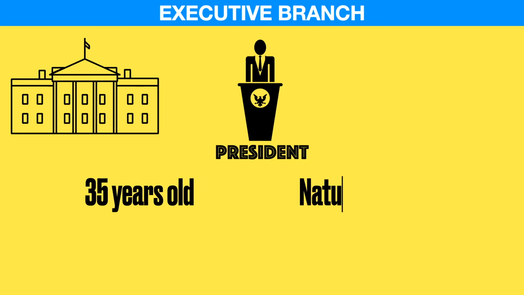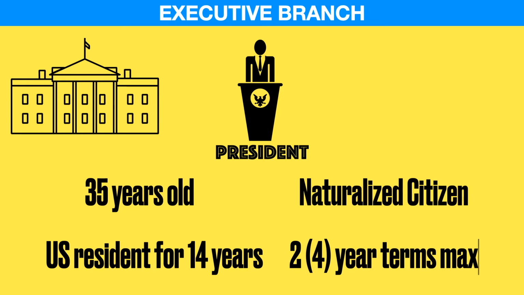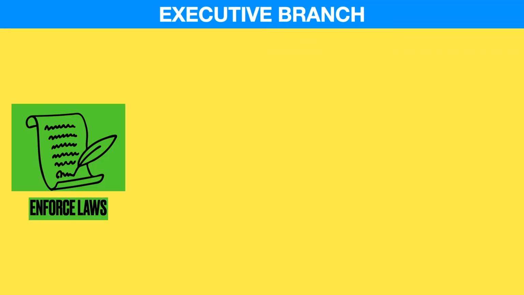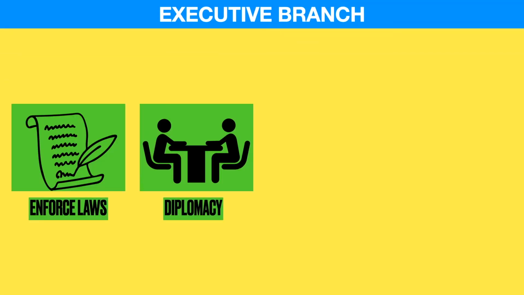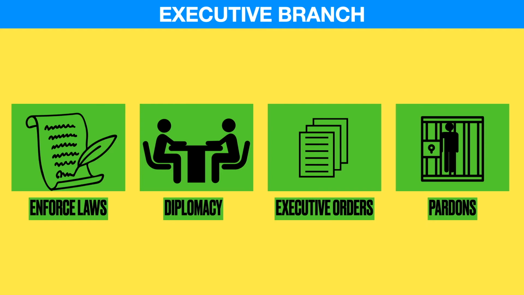Additionally, they have to be a naturalized citizen, which means to be born in the United States, a U.S. resident for 14 years, and they can only serve 2 4-year terms max, which only became part of the Constitution in the 1940s. So the executive branch enforces laws, acts as the chief diplomat dealing with other nations, can issue executive orders, and is allowed to give pardons.